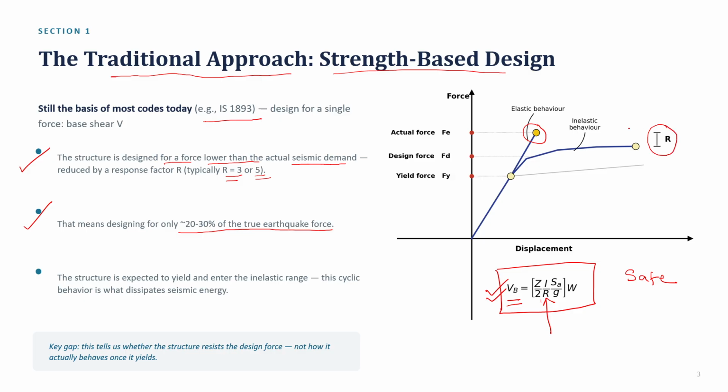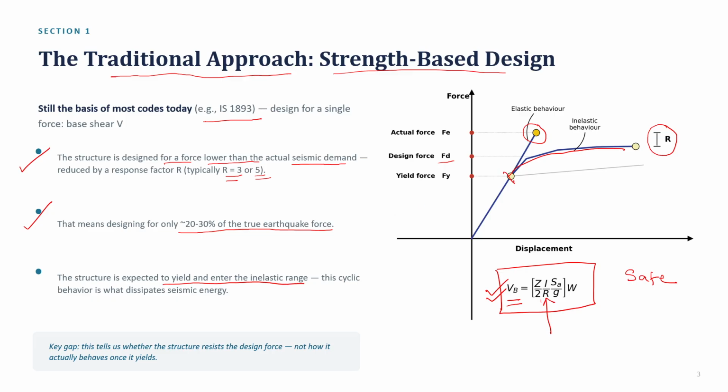That means we are designing for just 20 to 30% of the force, and this is our design force. As this design force is lesser than the actual force, our structure is going to yield. And we want our structure to yield and enter into the inelastic range.